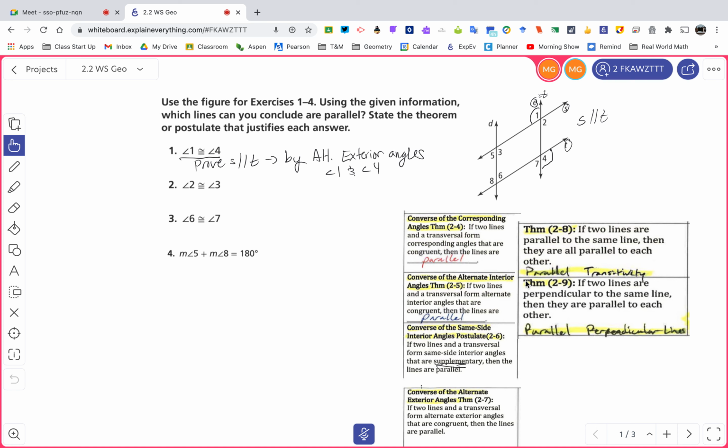For number 2, okay, I'm going to do it in red. You have 2 and 3, and you're looking to prove that D and E are parallel.